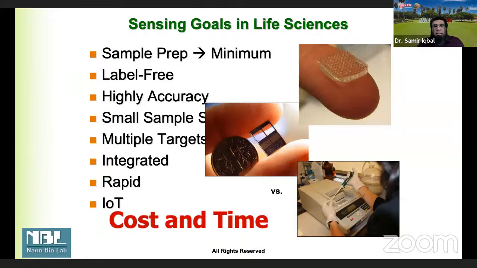Looking at the situation with COVID, more than a year after the big outbreak, we are not able to have devices where we can detect infection at home, right? So this underlines the reason why this kind of interdisciplinary work needs to be done.